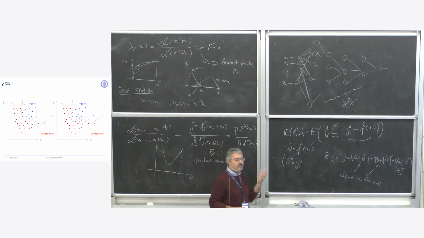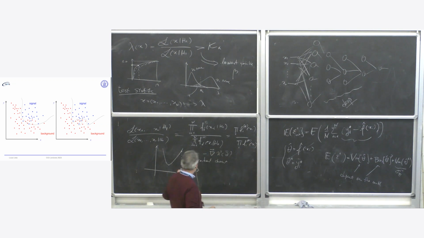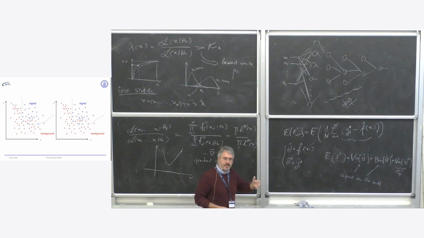One to train your algorithm, so to find the parameters of the network which optimize the response by gradient descent, and then another to test how the performance actually is on an independent sample.